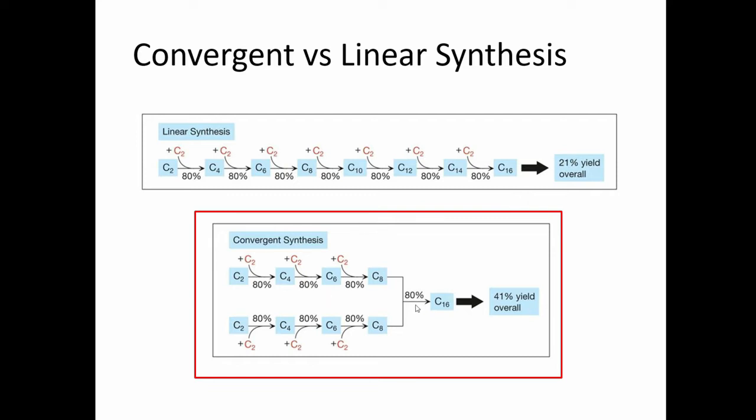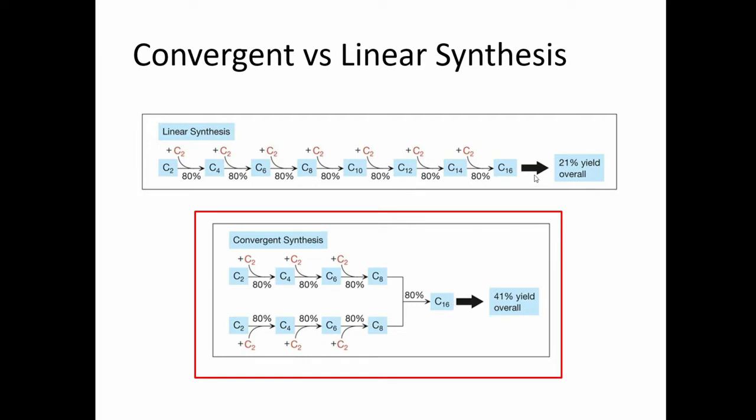On the other hand, if we were to perform a convergent synthesis, instead of having one long chain of 8 reactions, we would break the chain up into 2 smaller chains of 4 reactions. After each reaction, the percent yield is about the same, 80%. But at the conclusion of each of these chains, we combine their products to form our final product, also at about 80% yield.